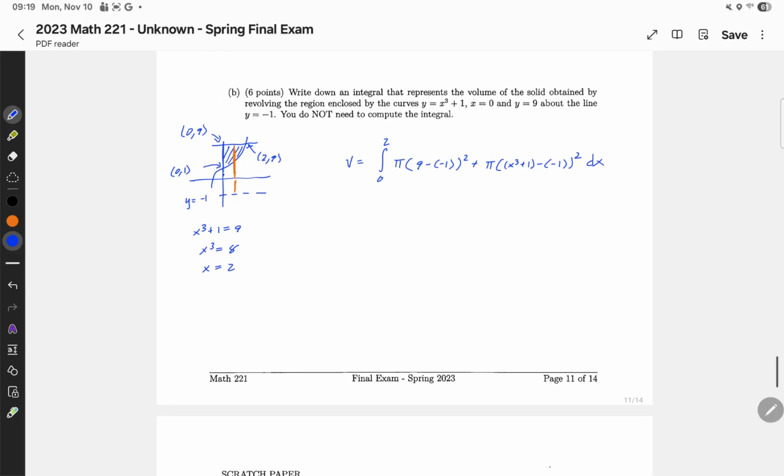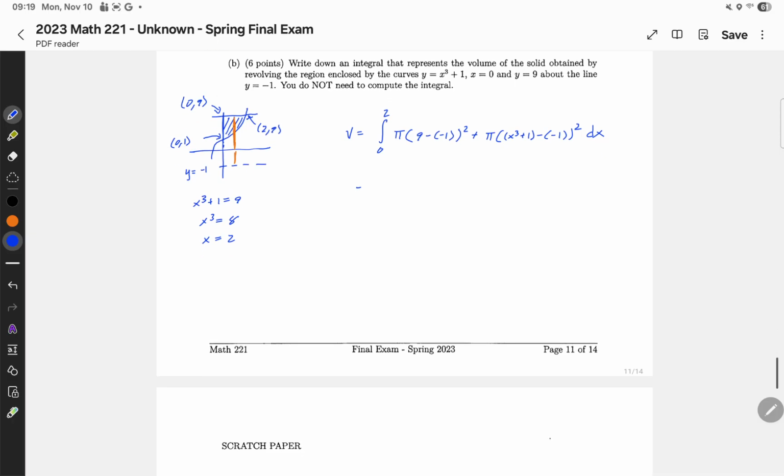It doesn't say much about simplifying, so I'll go ahead and simplify this just a bit. This is equal to the integral from 0 to 2. I'm going to factor out a pi here. And inside here, we get 10 squared, right? 9 minus minus 1 is 10. Plus, over here, we're going to get x cubed plus 1 minus this minus 1. Minus minus 1 is going to be 1. So we get x cubed plus 2 squared dx.